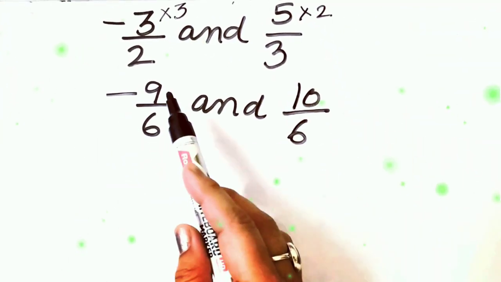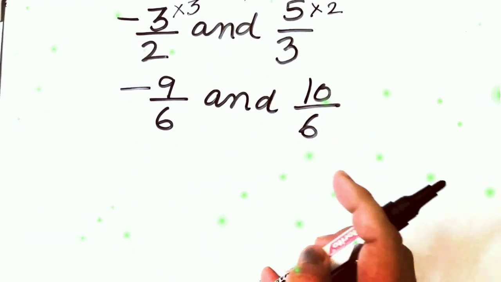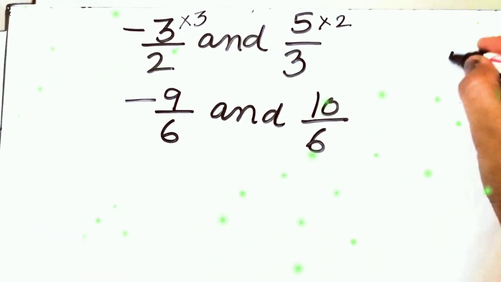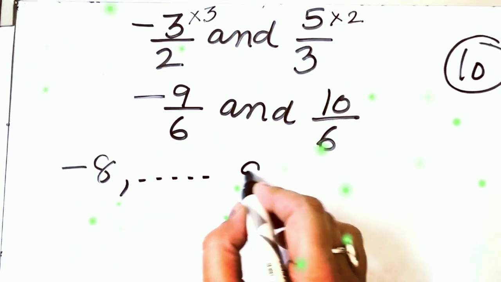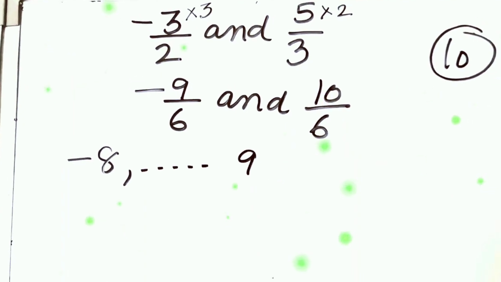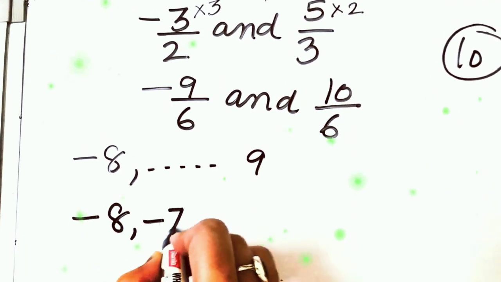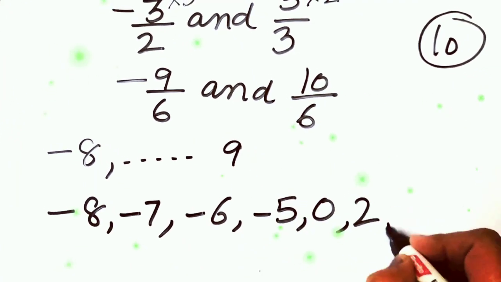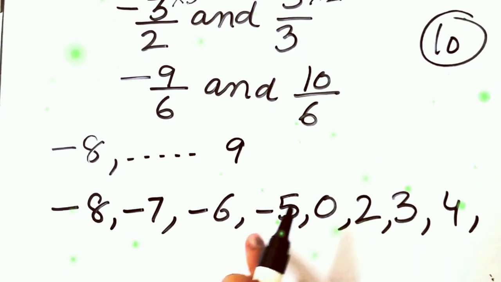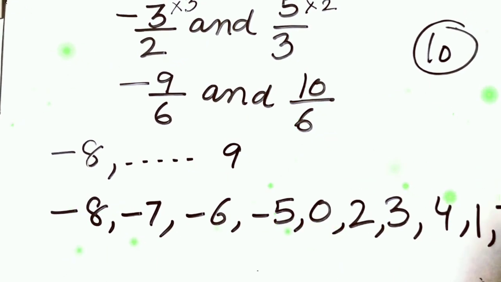Now see, between minus 9 and 10 we wanted to find 10 rational numbers, right? So we have numbers from minus 8 till 9. So we can easily find 10 rational numbers. So let us take minus 8 only, then minus 7, minus 6, minus 5, 0, 2, 3, 4, 1 or 7.